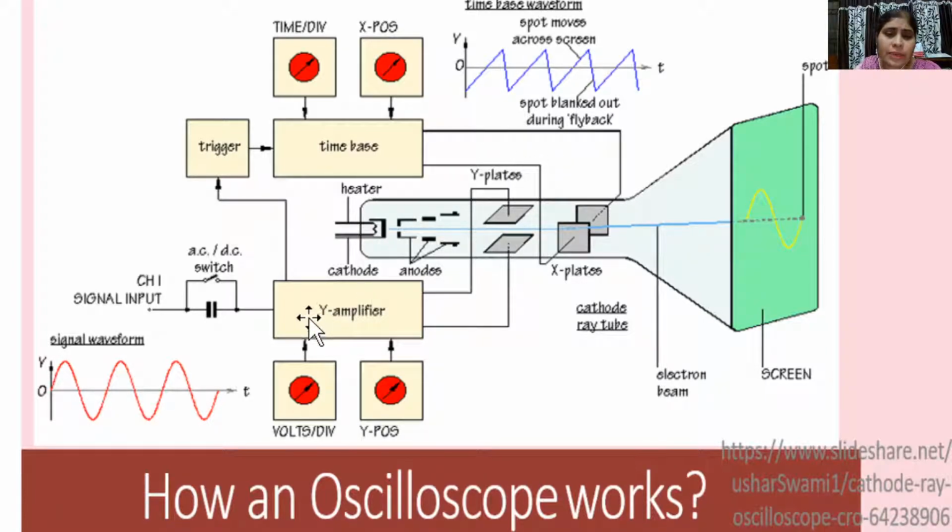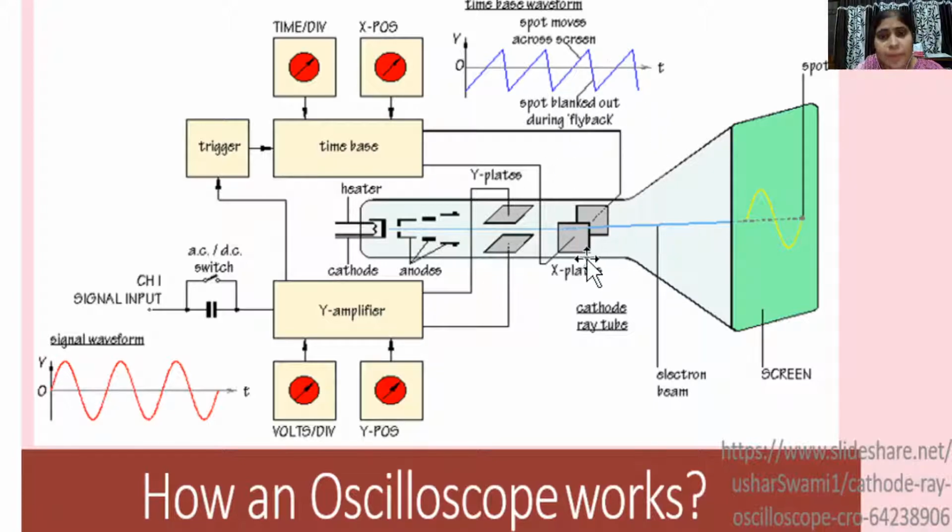So you can see here, one more time I am explaining this. The input signal goes to the vertical deflection plate just after this amplifier, but the sweep signals come after the signal propagates from the trigger circuit. Then the time-base generator generates the signal, which goes to the amplifier and then to the horizontal deflection plate.